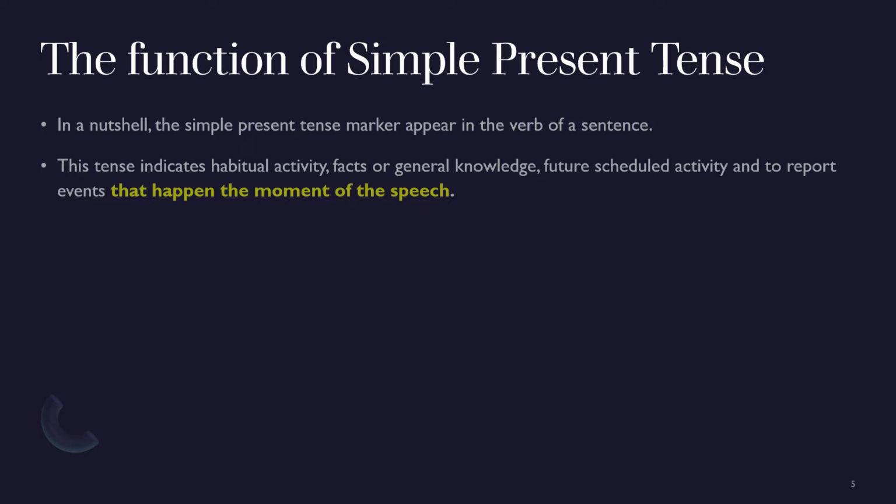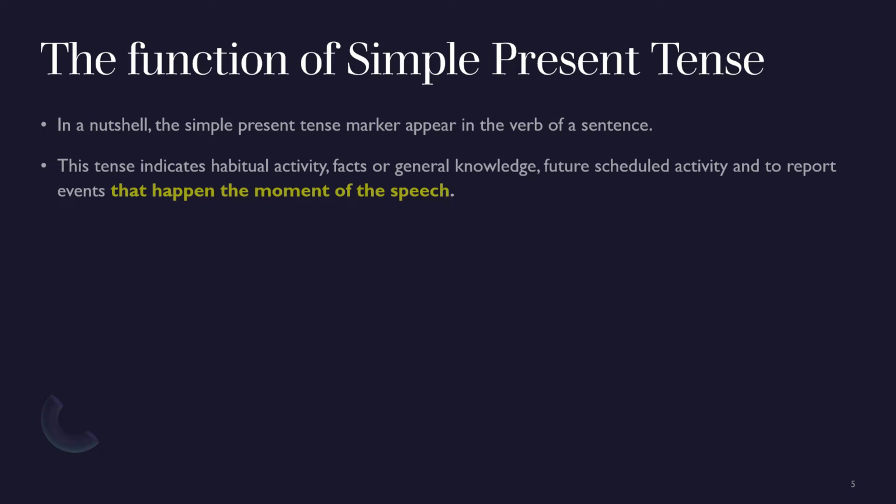Now, the simple present tense indicates habitual activity, facts or general knowledge. These two you know well, and it expresses future scheduled activity. Wait, future activity? Isn't that supposed to be expressed by future tense? Oh, not really.